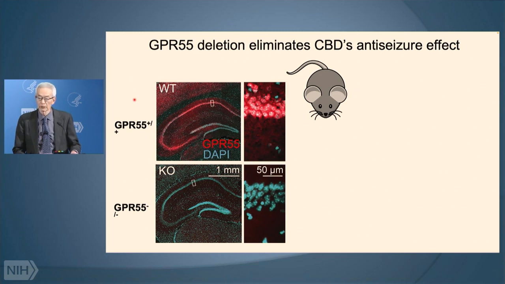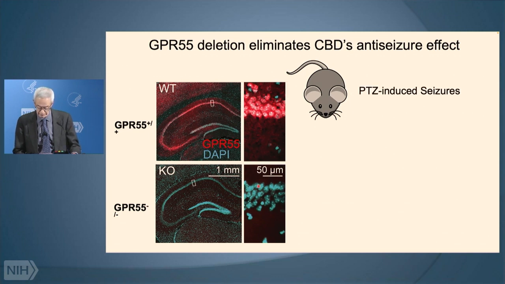So if you use a knockout mouse kindly provided to us by Kenneth Mackey of Indiana University, you can see that GPR55 is absent in a region of the brain important for epilepsy and learning and memory called the hippocampus. So here we have staining for GPR55. Here we have only staining for the nucleus of the cell and no GPR55.